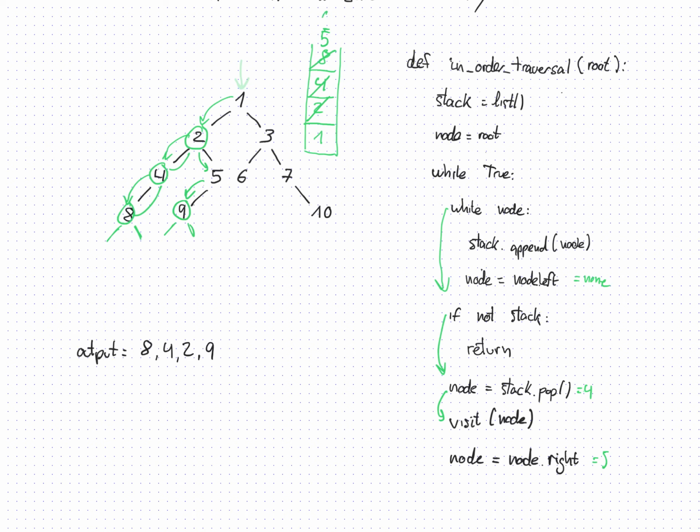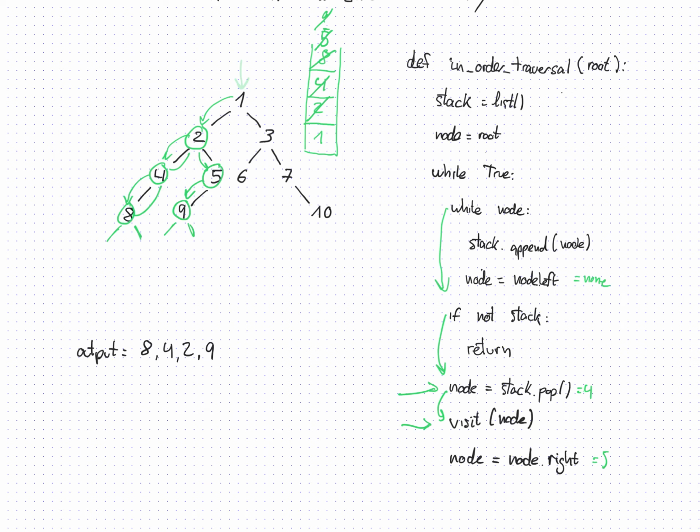So we would have 9 and then we remove it. Now we pop this number from the stack, so we would pop number 5 here. We would visit number 5.